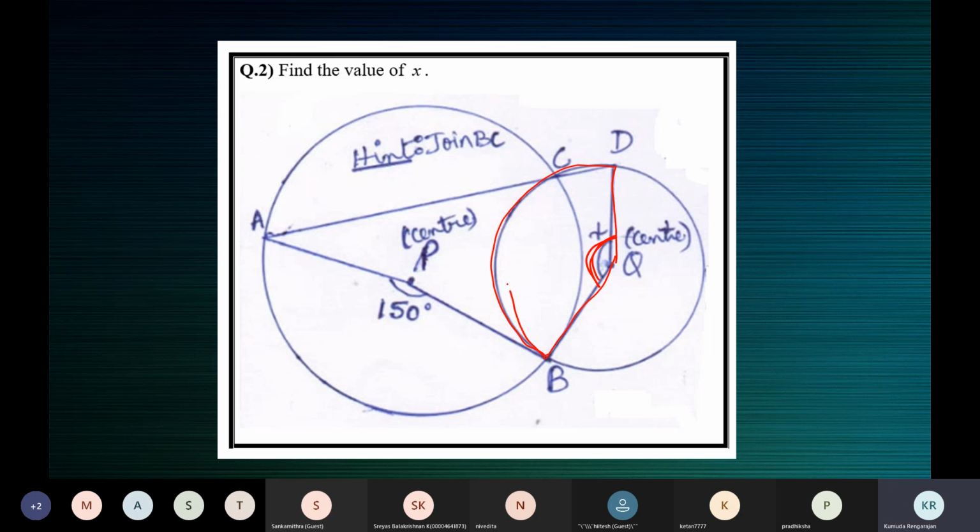The minor arc BD subtends, see, go in the direction of the arc, this angle at the center. And since this is a minor arc and this is the major arc, this is angle BQD. This is reflex of angle BQD.